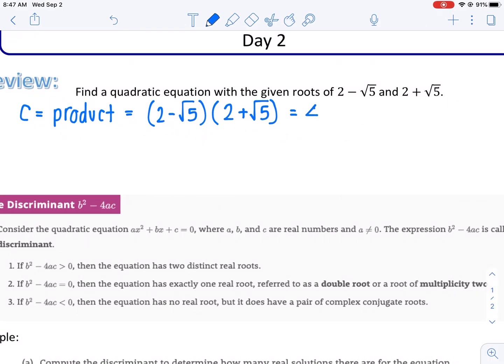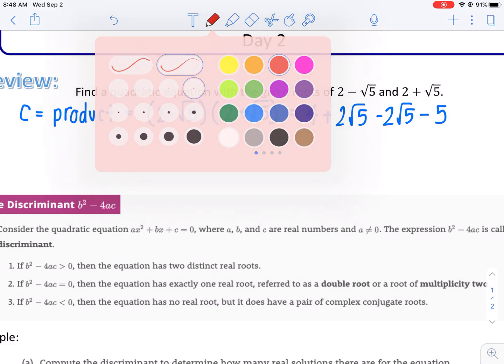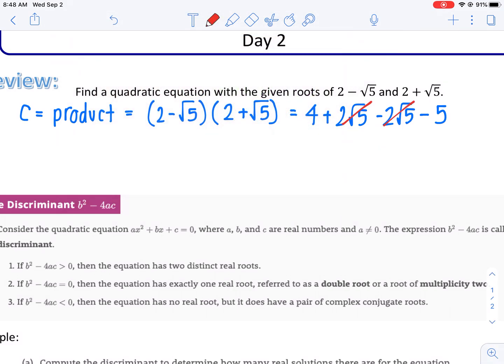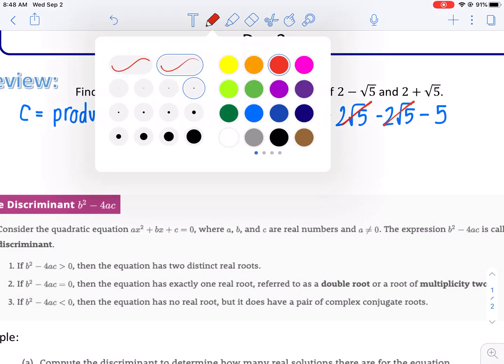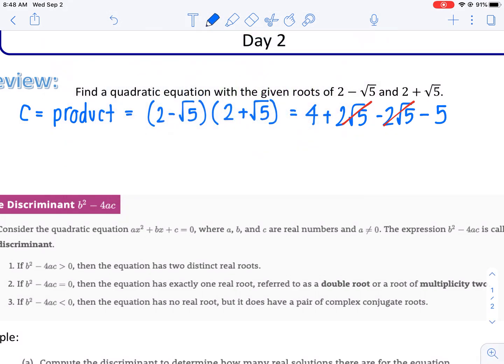You'll get 4 plus 2 root 5 minus 2 root 5, and this actually will become a negative 5 when you multiply negative root 5 times root 5. Like before, these little things will cancel. They're the same. So I am left with a negative 1. So my c value in my quadratic equation will be negative 1.